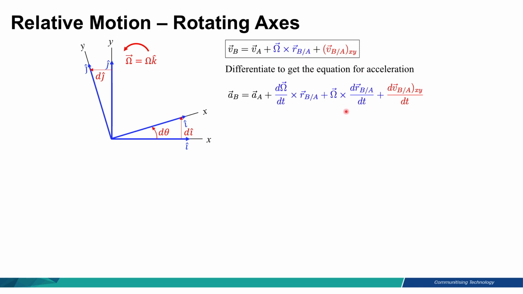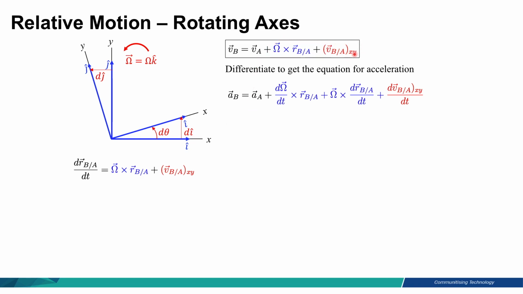So we need to apply chain rule, and this corresponds to the blue part in here when we differentiate this over time, plus differentiate of VBA xy over time, we will get d VBA xy over dt. So we can then derive from drb/a, this part here, is indeed equal to our previous derivation.